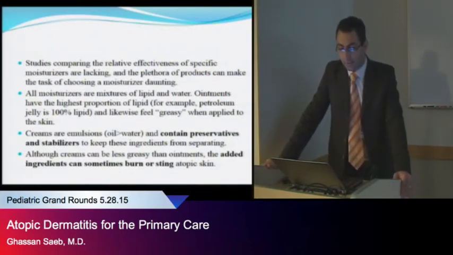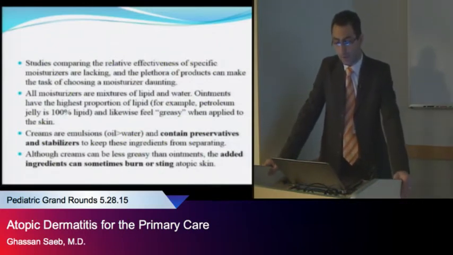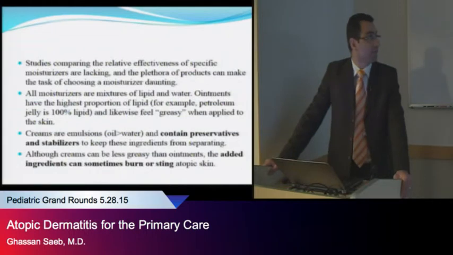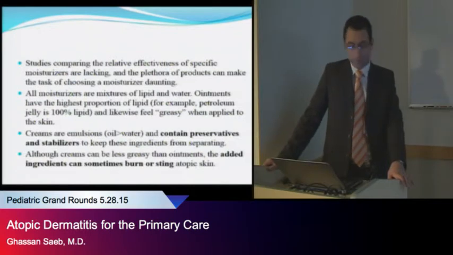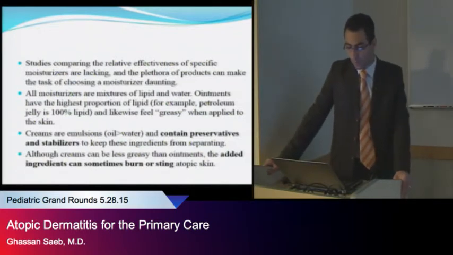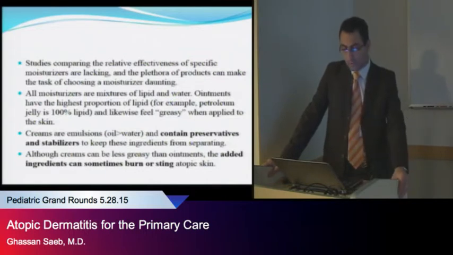Studies comparing the relative effectiveness of specific moisturizers are lacking, and the plethora of products can make the task very hard. All moisturizers are a mixture of lipid and water. Ointments have the highest proportion of lipid. For example, petroleum jelly has 100% lipid, and likewise feels greasy when applied to the skin.